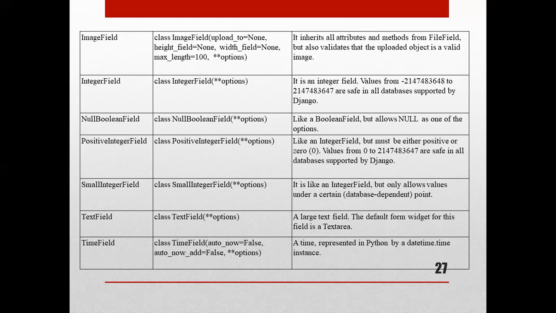See the representation, class ImageField, upload_to, then height_field, width_field, and the maximum length of that image. Then the IntegerField, NullBooleanField, PositiveIntegerField, SmallIntegerField, TextField, and the TimeField. So these are the Django model fields.